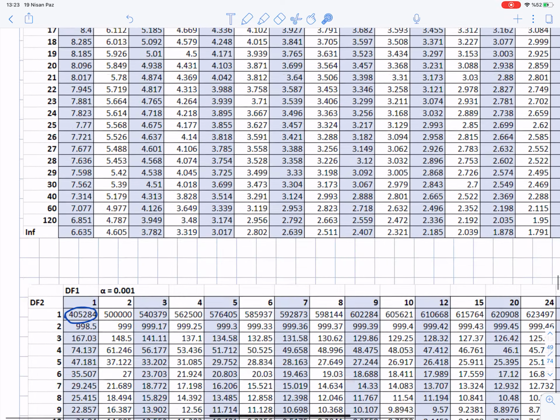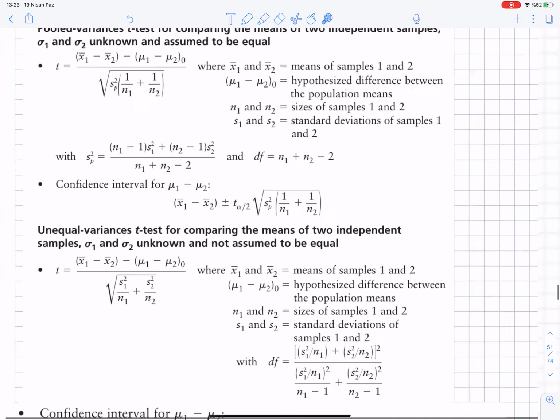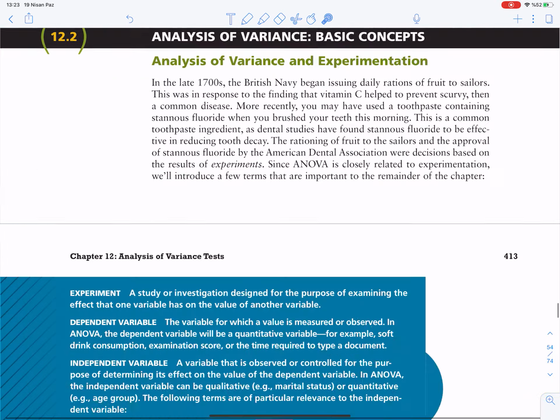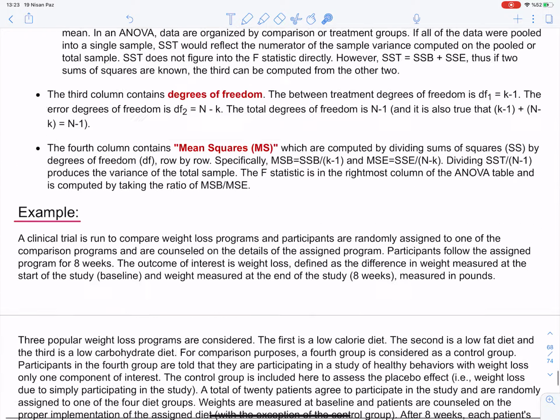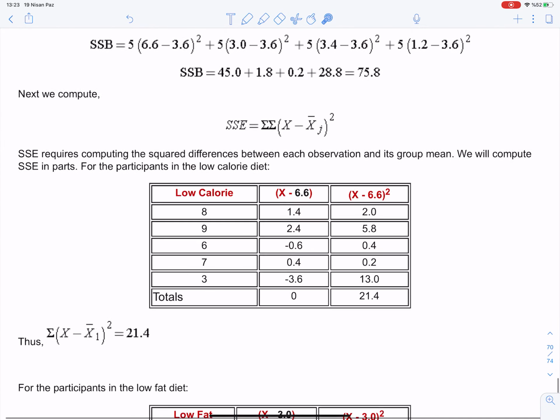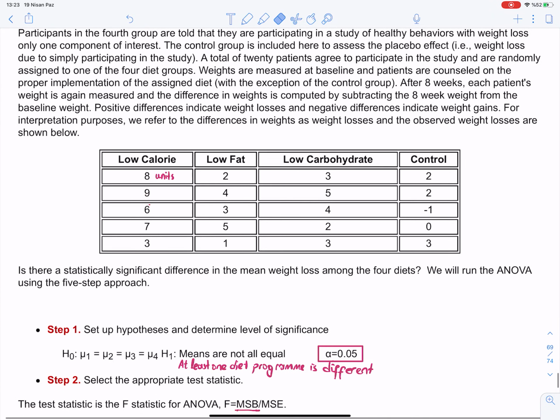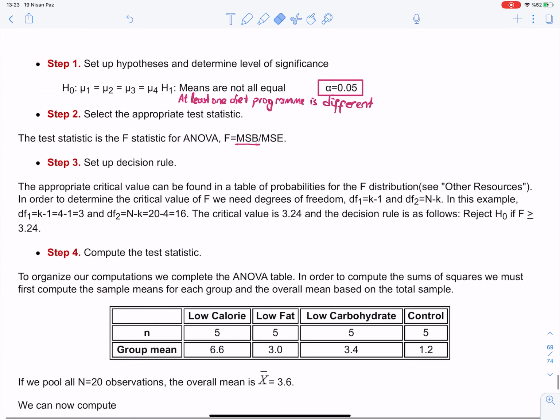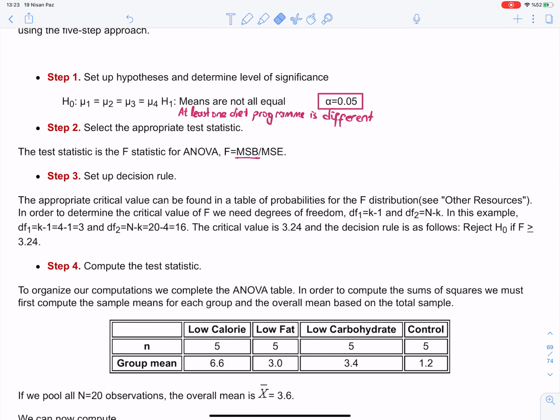If you round it to 2 decimal places, it is 3.24. I'm going to go back to my example. Yes, see that this is justified, in the table I supplied to you it was 3.2389, rounded to 3.24. That's the critical value.